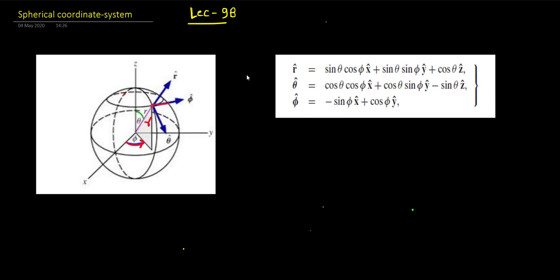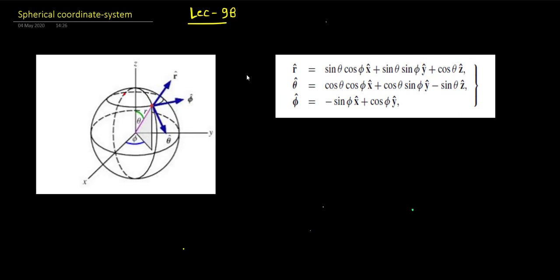Now let's try to get this relationship. We want to express r cap, theta cap and phi cap in terms of the Cartesian unit vectors x cap, y cap and z cap.